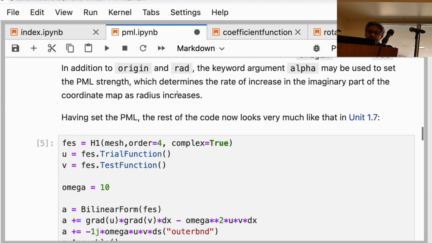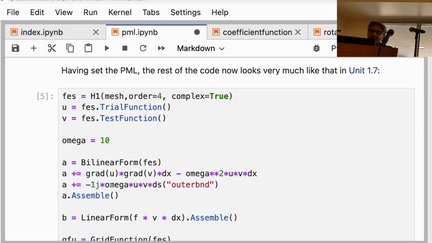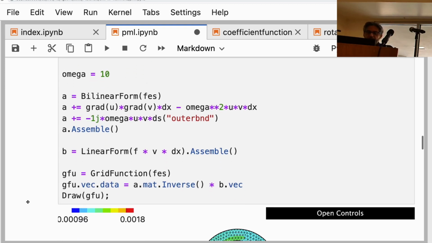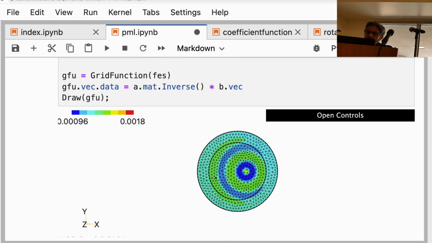You make the form as if you're solving a problem on this finite domain, but you get a solution like this, which gives you the correct solution on the inside, and on this artificial PML layer, the solution decays exponentially. Okay, so this makes it very convenient to add a PML without thinking about the complex transformation required to program the PML.